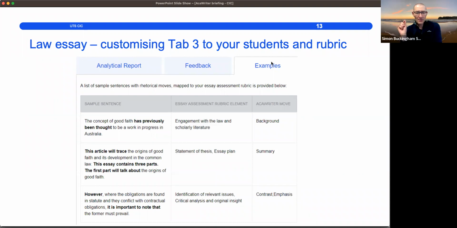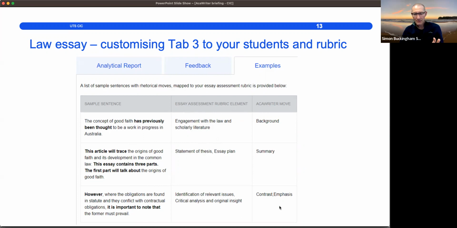This is a tab which is straightforward for the academic to modify and tune to the context of the assignment, right? So the law students have been asked to do an essay on a particular thing. And here the academic has provided some example sentences that illustrate how the aspects of the assessment rubric are addressed by that writing, and it maps it to the AcaWriter move.